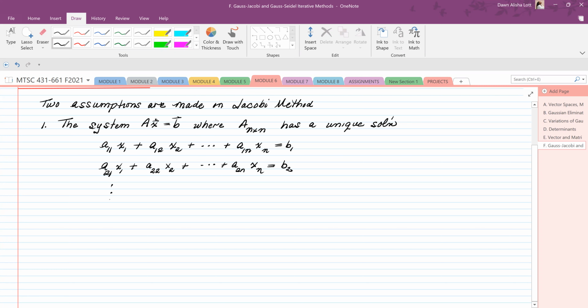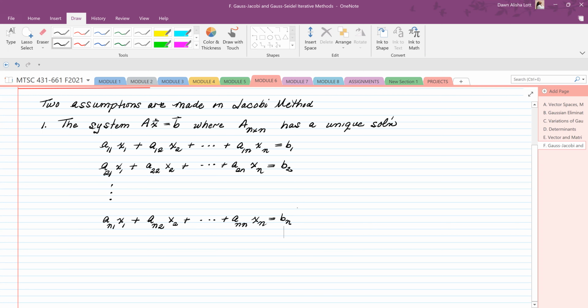And we're going to dot dot dot all the way down to An1x1 plus An2x2 plus dot, dot, dot, all the way up to AnnXn is equal to Bn.